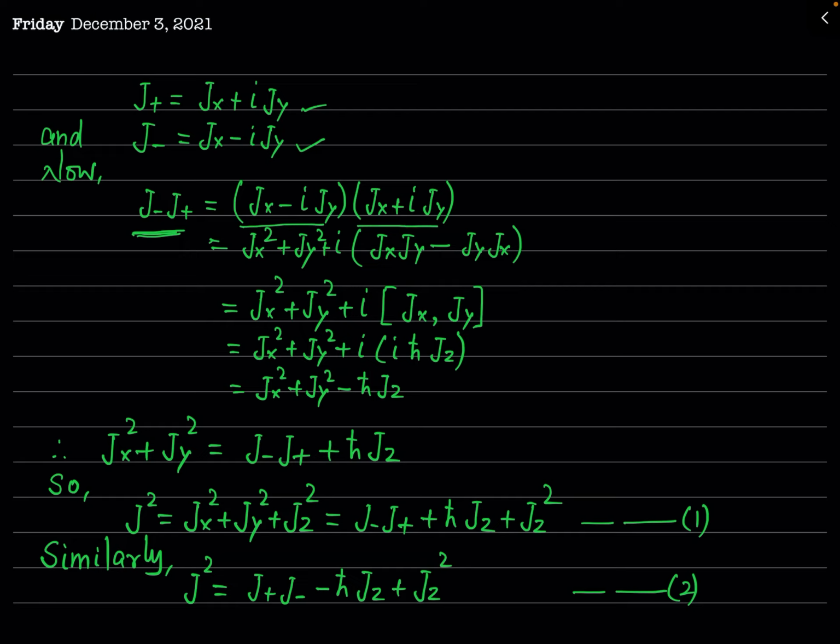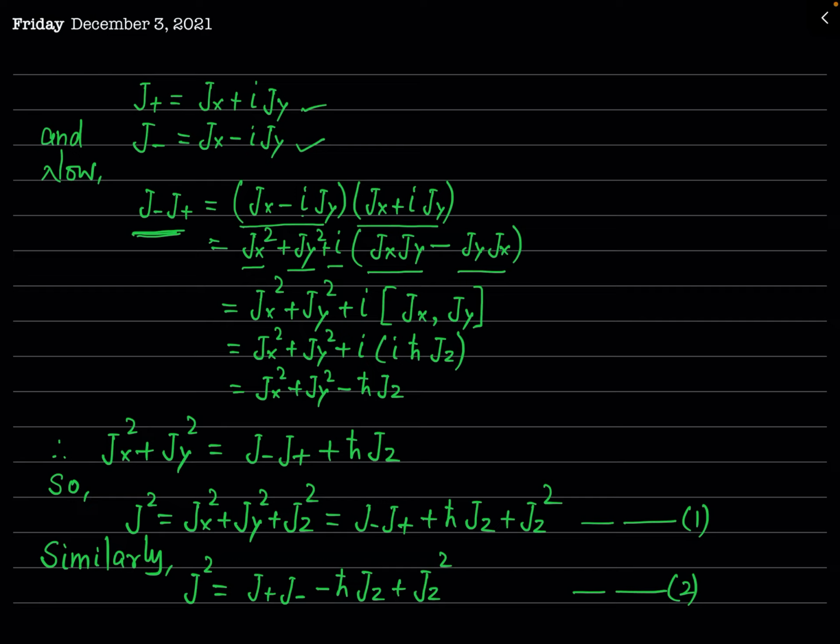Jx operated on Jx will be simply Jx squared, and minus i Jy times i Jy will be plus Jy squared, because i squared is minus 1. Then Jx times i Jy gives i Jx Jy, and minus i Jy Jx. I have taken i as a common factor, and the remaining terms are Jx Jy minus Jy Jx.